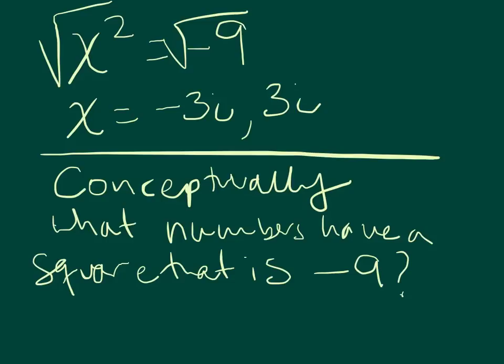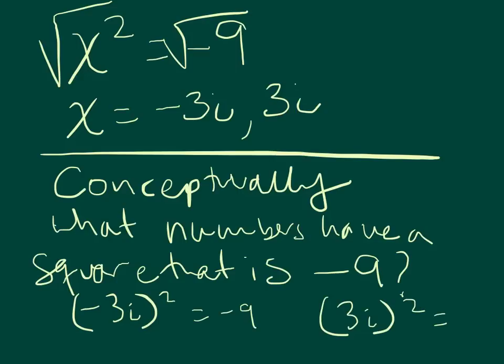Well, there are two numbers, because if you take negative 3i and square it, you get negative 9, and if you take 3i and square it, you get negative 9, because i squared equals negative 1.